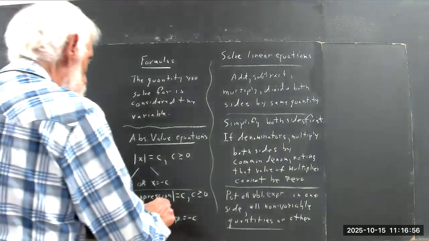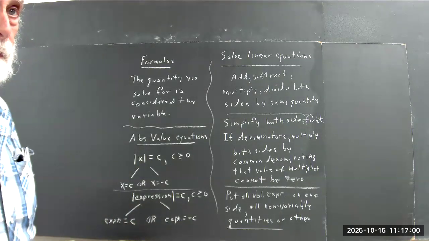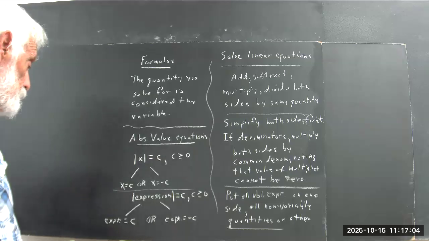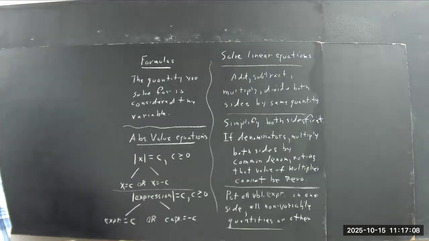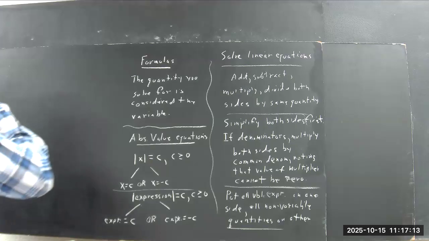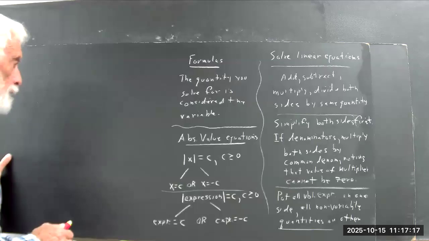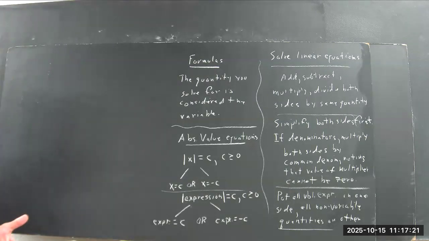So whatever the expression is, you set it equal to c and then solve. Now, we have inequalities and absolute value inequalities and other types of inequalities.